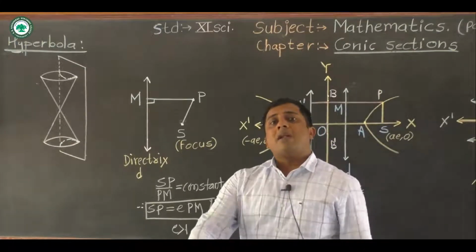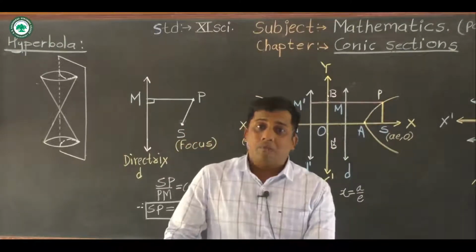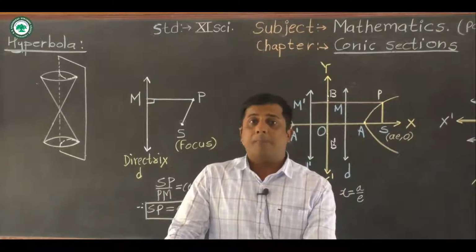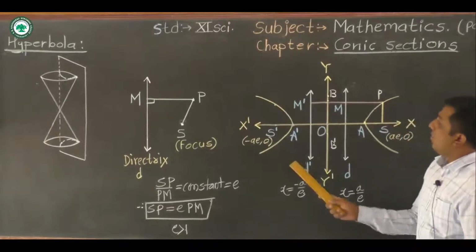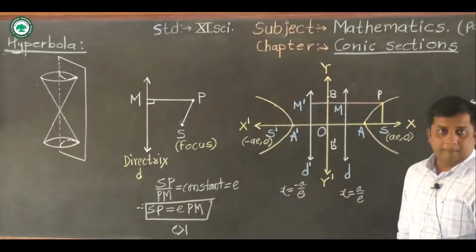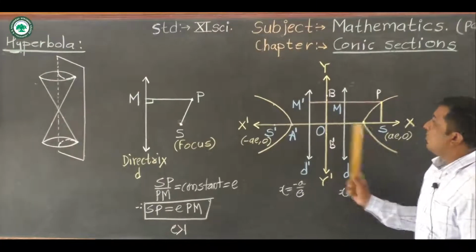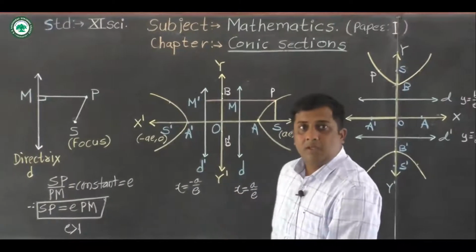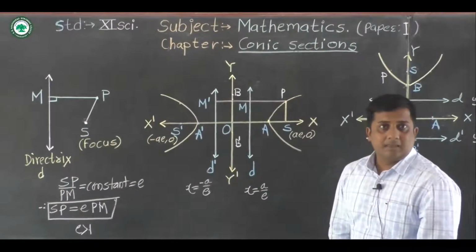Now we go to our next important point, in which we define the standard equation of the hyperbola. To define the standard equation, we consider our first figure. Here the curve is along the X and Y axes.